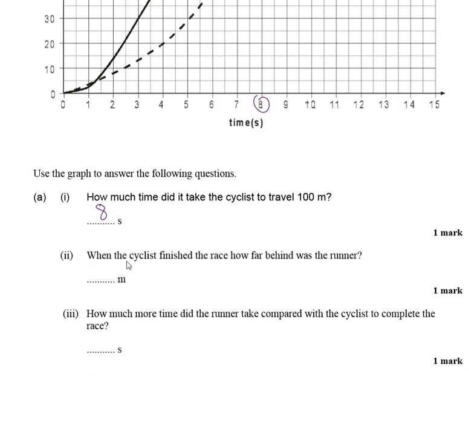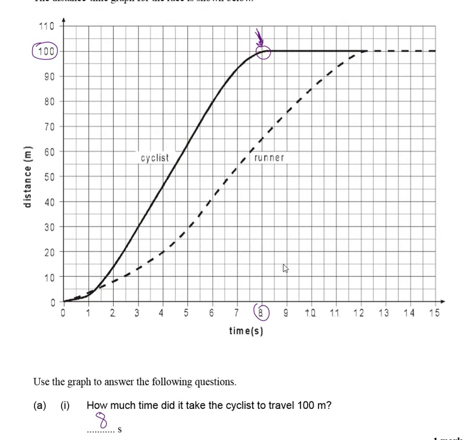Now, when the cyclist finished the race, how far behind was the runner? So the runner is here. Behind is from here to here, because when the cyclist finished the race, it is at this point. So the distance from the cyclist to the runner is this. The runner is around here, which is 65.